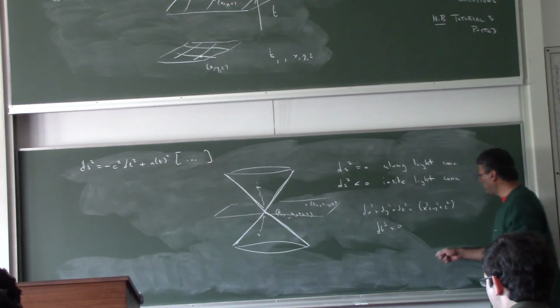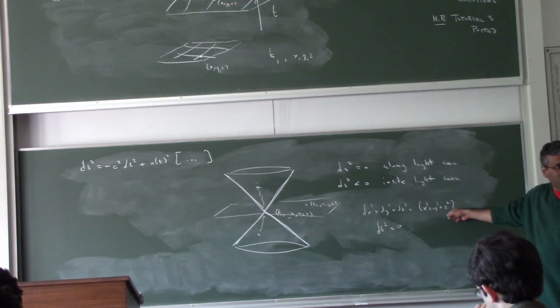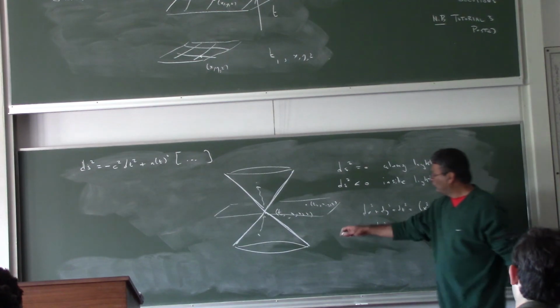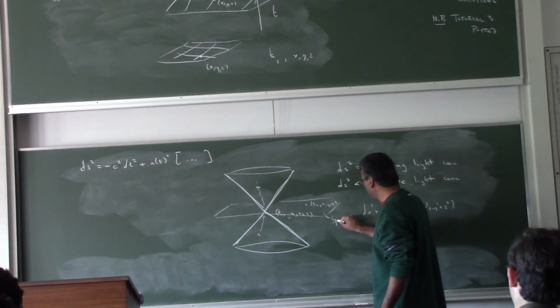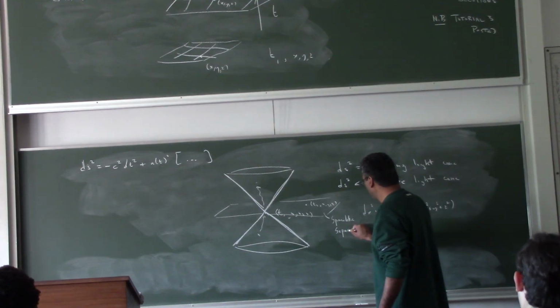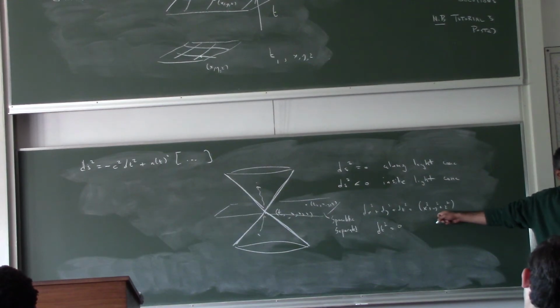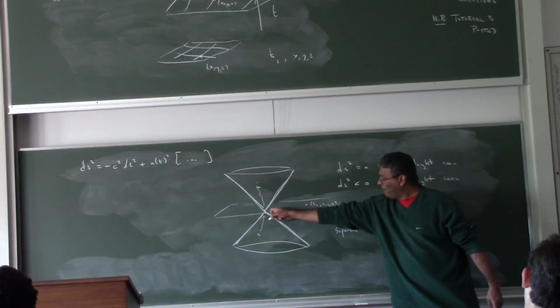Okay? So the distance here is positive. These points, outside the light cone, are called space-like separated. So you're a distance x squared plus y squared plus z squared away from the origin.